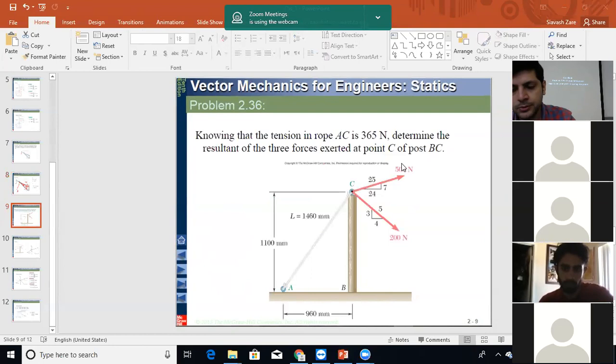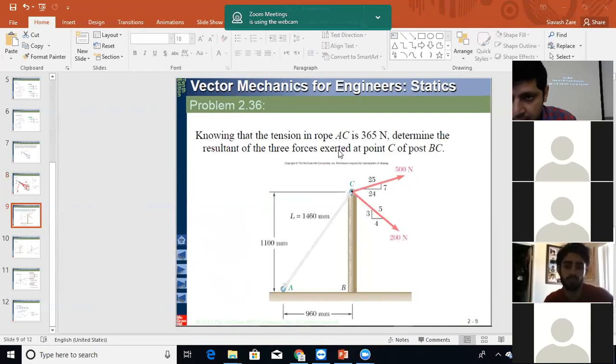You decompose all the forces in the system, and then calculate the resultant of the forces. So we have three forces here. One is 500 Newton on top, 200 Newton going downward to the right, and the tension force.